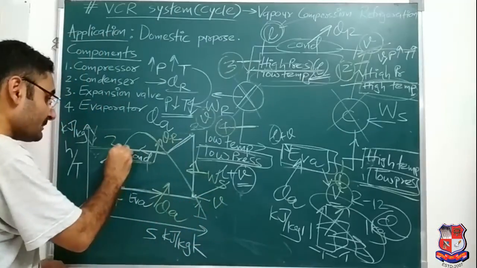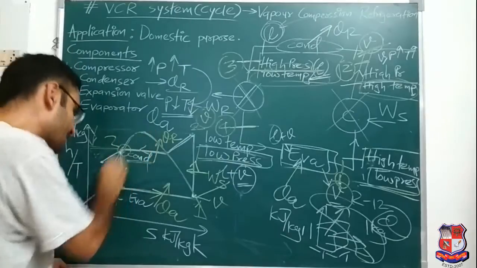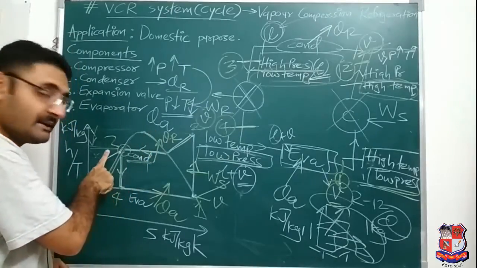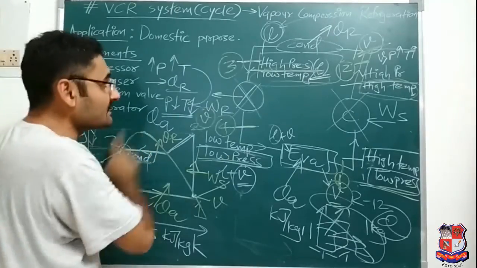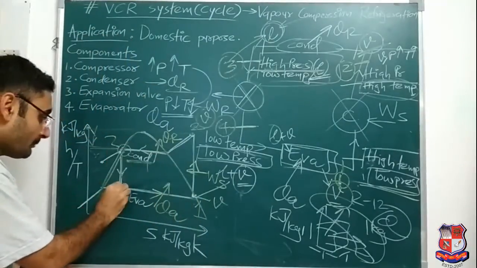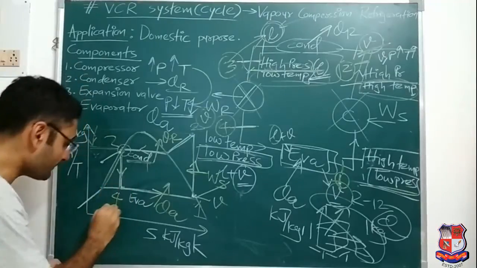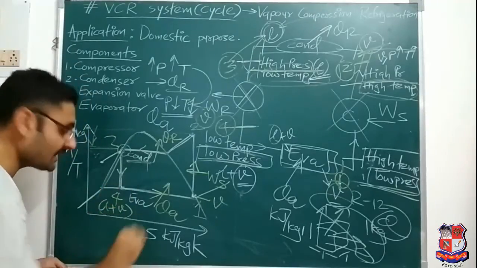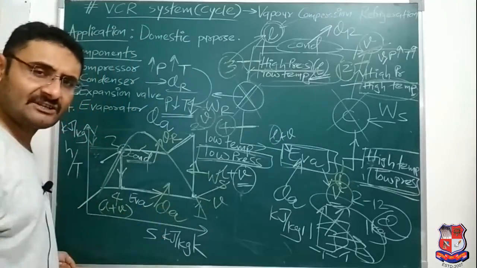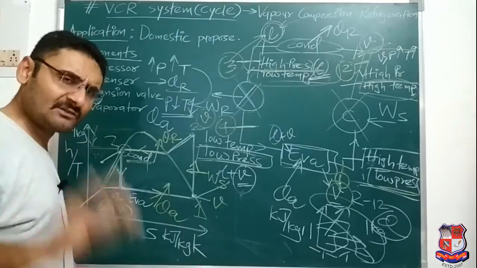Now point number 3 is present on the saturated curve, but in which region? It is present in the saturated liquid region, so on point number 3, liquid particles are present. On point number 4, it is present in the wet region, and in the wet region liquid plus vapor particles are present. Don't be afraid about which are the regions, we will clarify that when I start the properties of steam chapter.